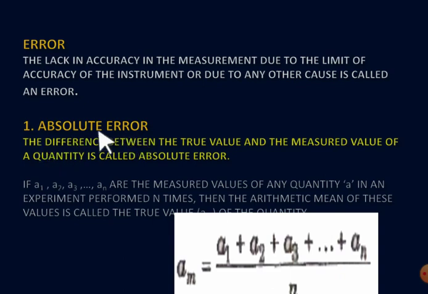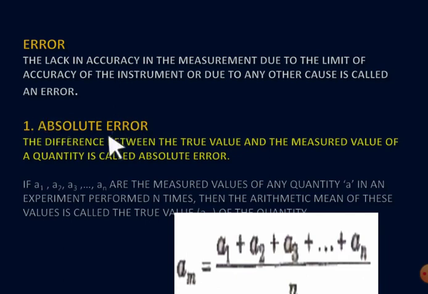Why? Because this absolute has no sign. That means absolute will always consider the magnitude only. Whether that magnitude is less than the actual true value or more than the true value, doesn't matter. We have to consider only the magnitude.